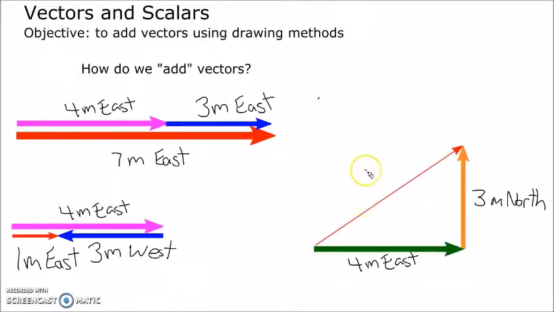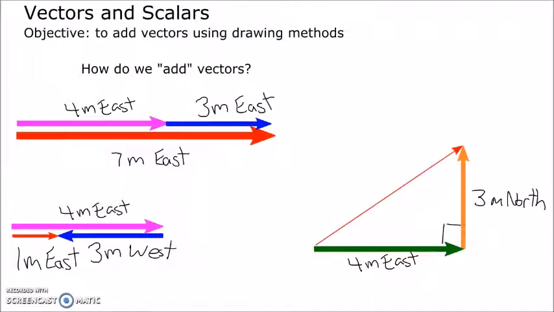This, I hope, is very clear, is not 7 meters. It's not 1 meter. It's going to be something in between. To find this mathematically, we would have to use the Pythagorean Theorem, because east and north make a 90-degree angle in this triangle, and therefore to find this third side we would have to do the Pythagorean Theorem.